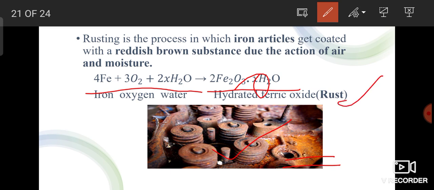Rust, and then that powdery mass which is rust falls off from the metal surface, and then the next layer of the metal is also exposed to moisture and air. Then that also gets converted into rust, and that also falls off from the metal surface. And as a result, what happens with the passage of time, the whole metal is going to be degraded. पूरा का पूरा metal खत्म हो जाएगा. Whole lot of it will get converted into rust. Okay.